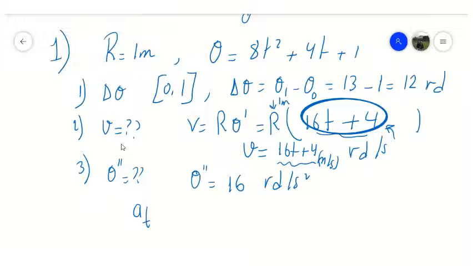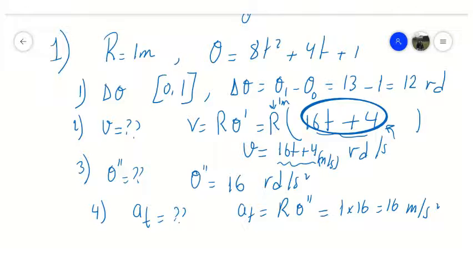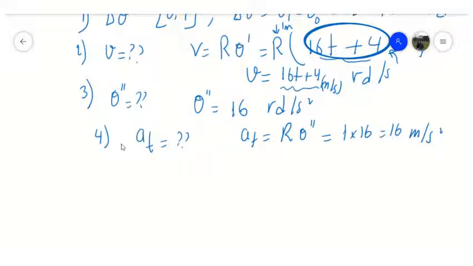Then in part 4 we need to find the tangential acceleration at. At will be r theta double prime, multiplied by r, 1 times 16 gives 16 meter per second squared. I am telling you the SI units. So in part 5, what about the normal acceleration?